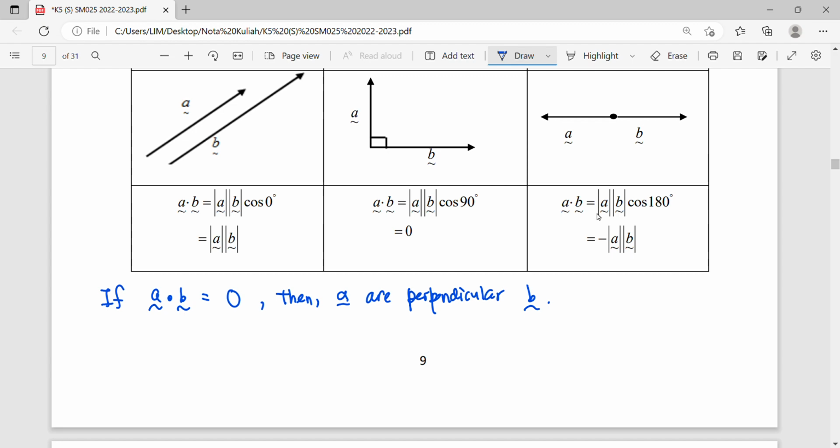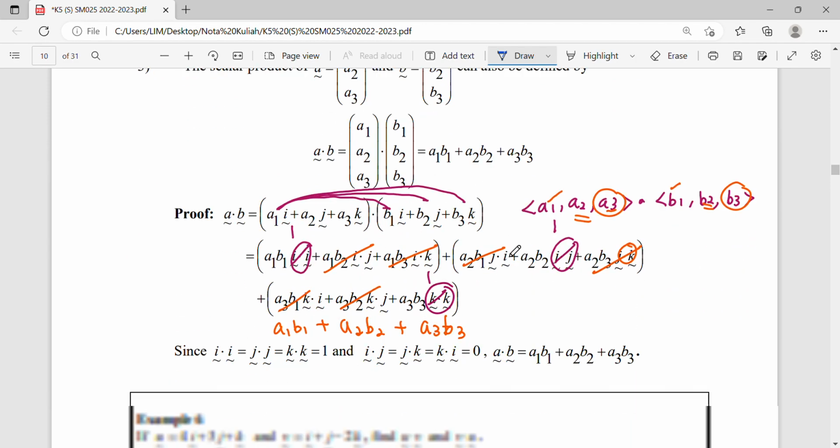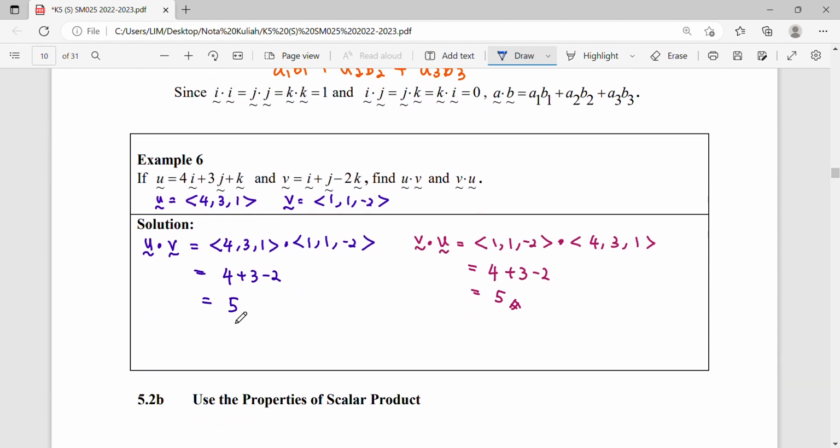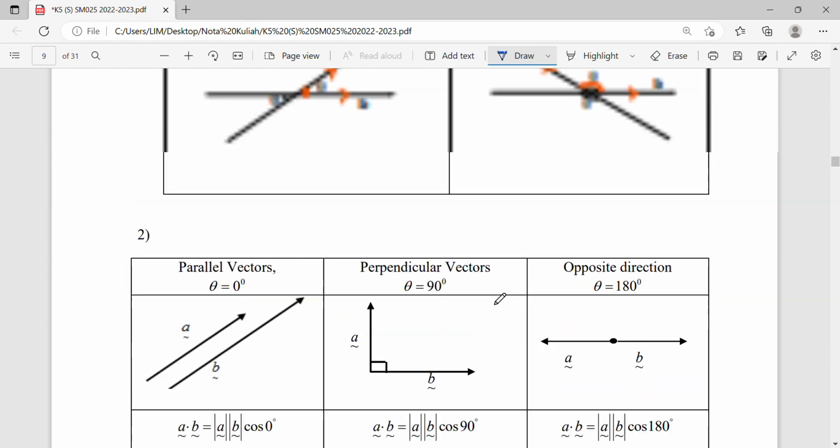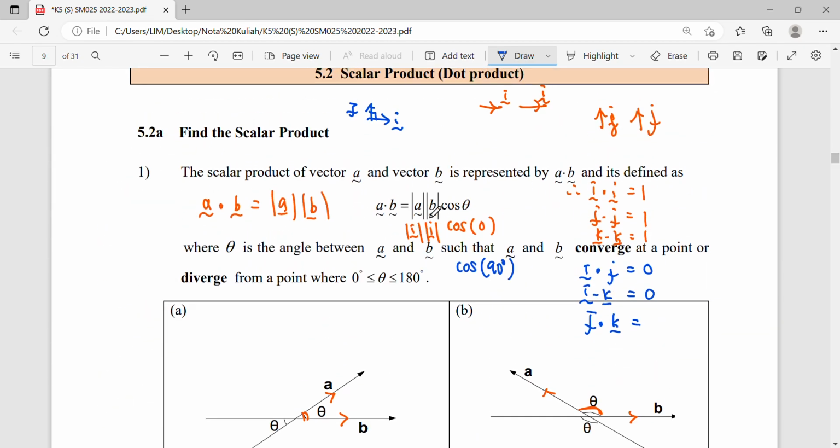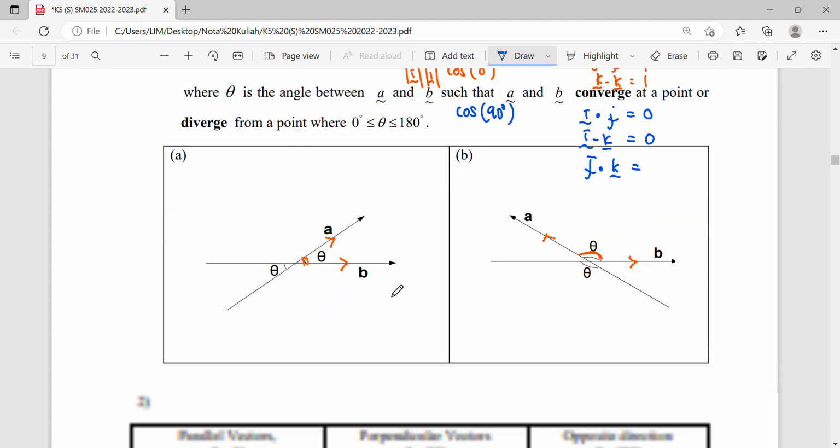Alright. So if we get a value, it means V and U here must have an angle between them. If we want to find it out, we substitute inside here: magnitude V, magnitude U, cos theta equals 5. Then find out the data.